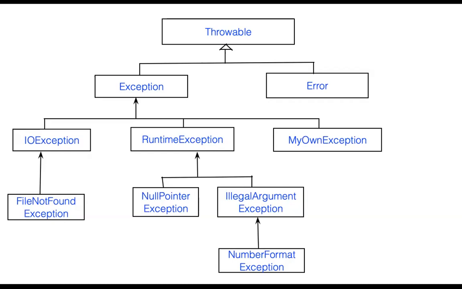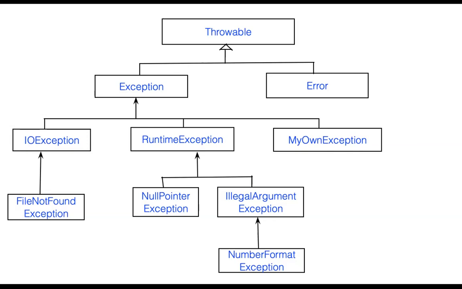You can see this is the whole architecture, and it looks like an inheritance relationship, right? You can have multiple levels, so you can have FileNotFoundException within IOException. If we have this picture in mind, we can apply polymorphism within this architecture.